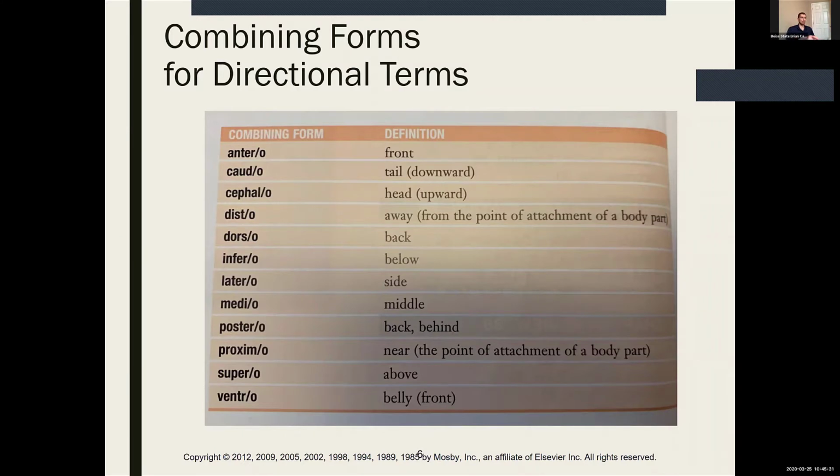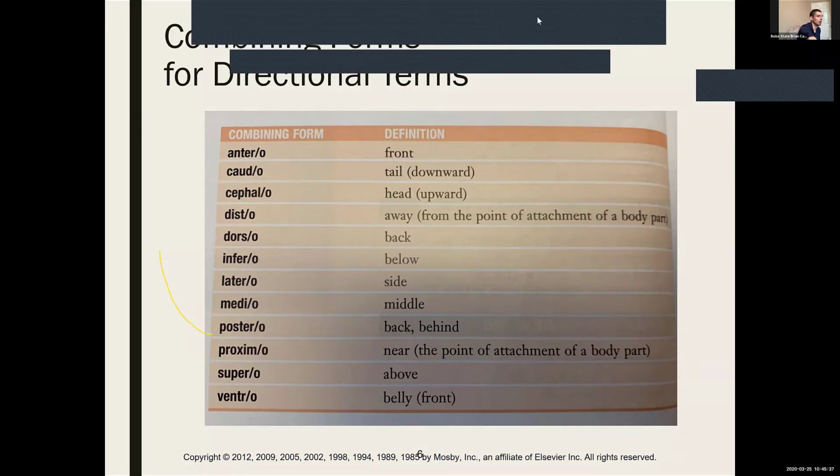That's going to be the opposite of what we talked about up here with anterior. So we'll often see sort of like complementary or mirroring terms. If one means up, there's another term to mean down. If one means front, there's another term to mean back.